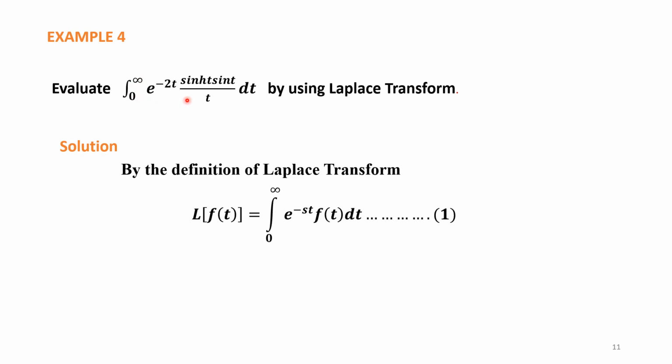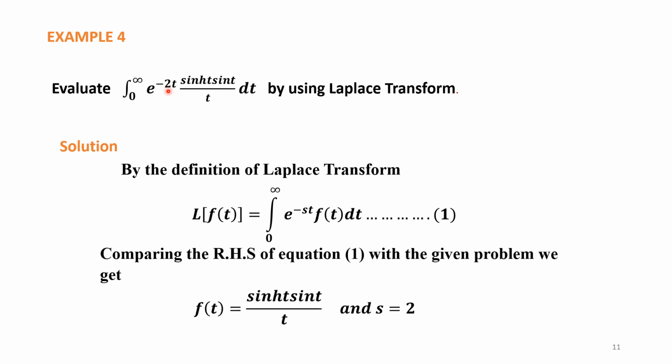So, we know by the definition that the integral from 0 to infinity of e raised to minus st into f of t dt is L of f of t. So, that f of t is sin ht sin t upon t and s is equal to 2. So, we can write this integral to be equal to Laplace transform of sin ht sin t upon t with s is equal to 2.